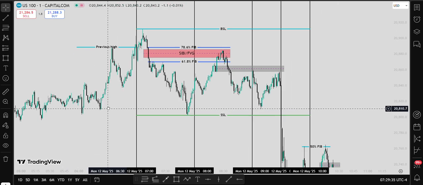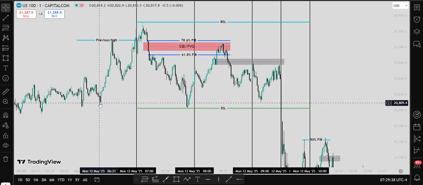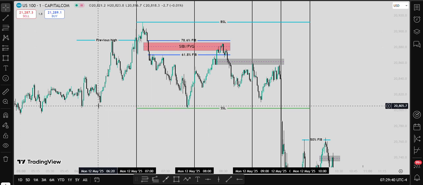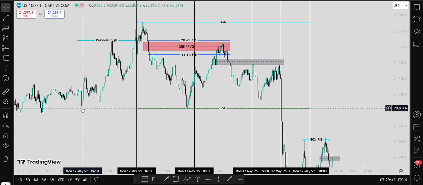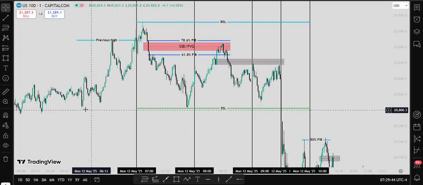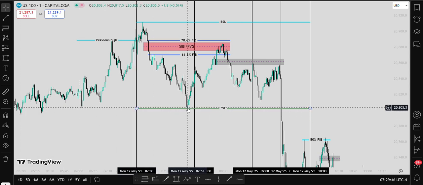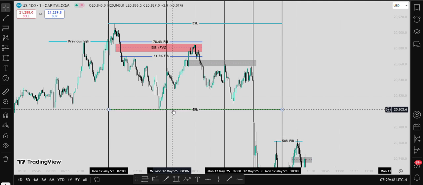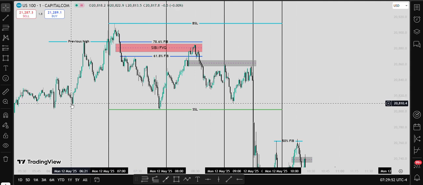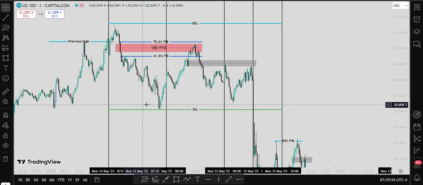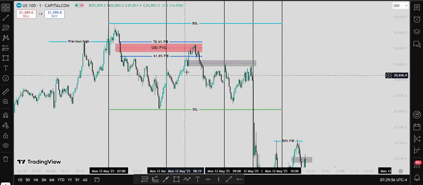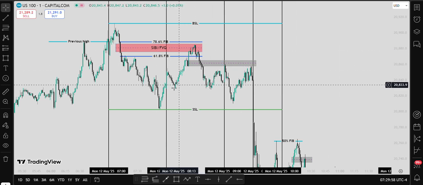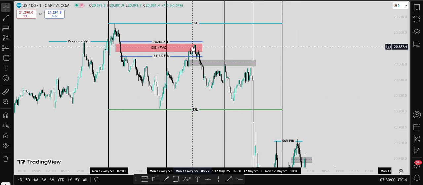Since it only took this low, the farthest one, it created equal lows with the current one right here, which I've delineated as sell side liquidity. After taking this low, the market gave us a very deep retracement.